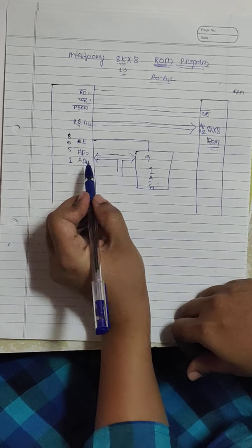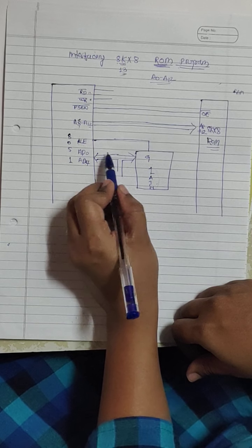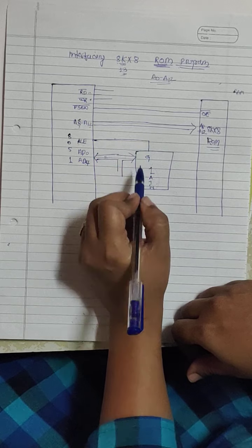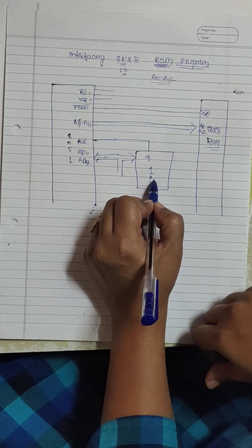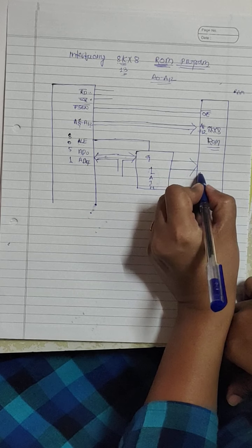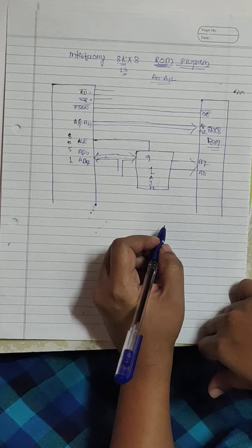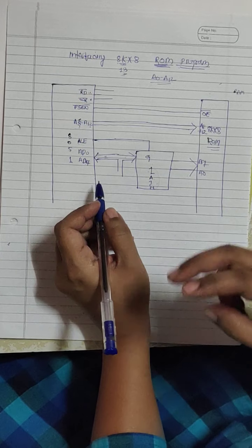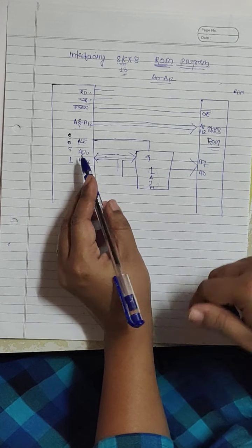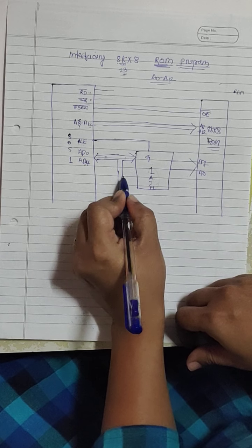Whenever the AD bus has the address, at the same time ALE is low, so the external latch gets enabled, and at the output of the external latch the A0 to A7 address will be available.